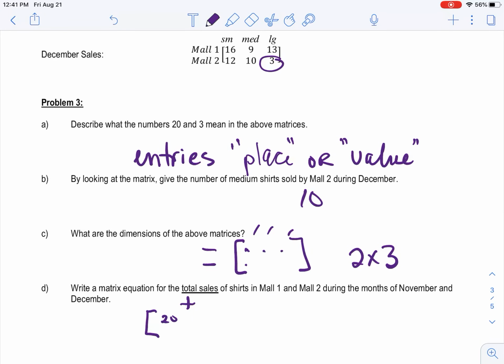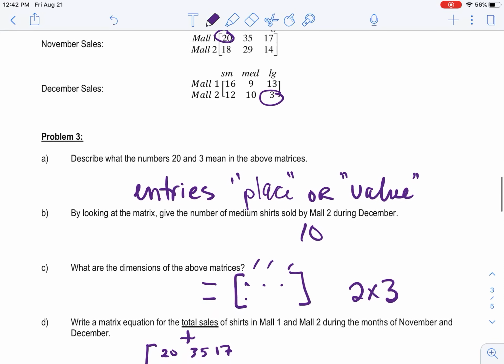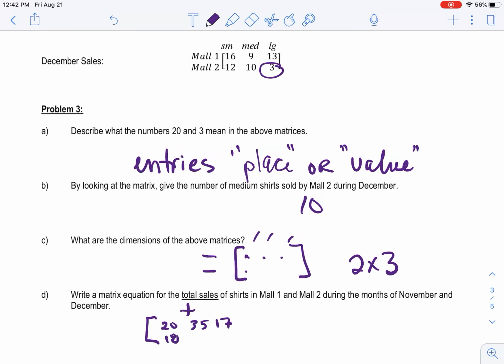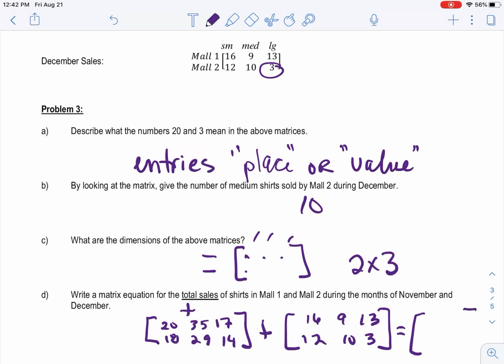Okay, so 20, 35, 17, 18, 29, 14, plus, when you're writing these, you do not have to rewrite the labels if I ask for the equation, okay? And then we have 16, 9, 13, 12, 10, 3 equals, now I want you to solve it.